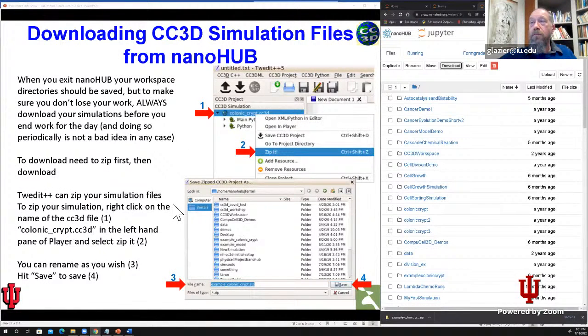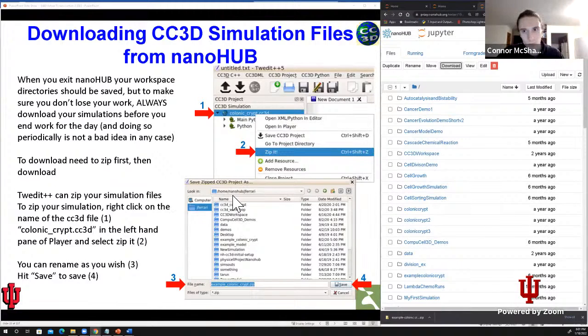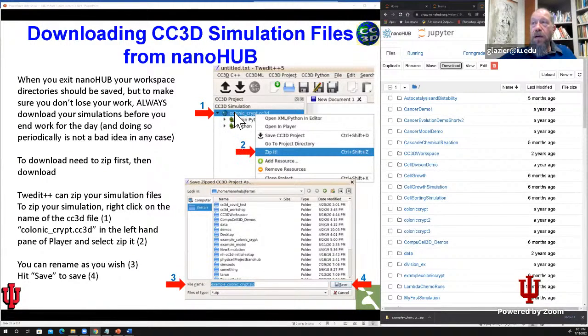Okay, to review again. Inside of Twedit, you select the topmost name, in this case, colonicrypt.cc3d. You right-click on it, say zip it, give it a name, and save it to your local workspace.